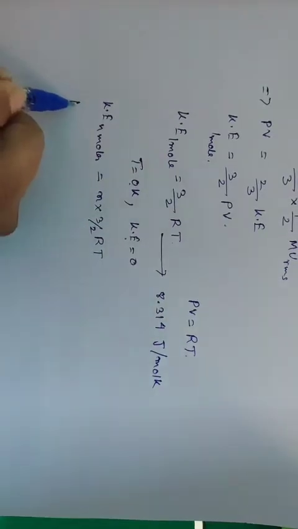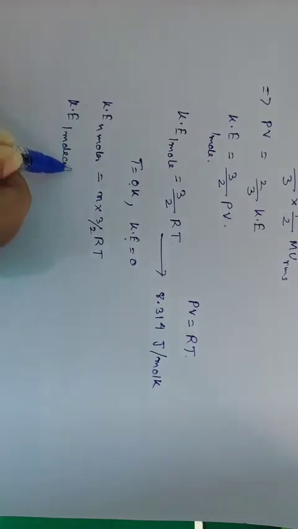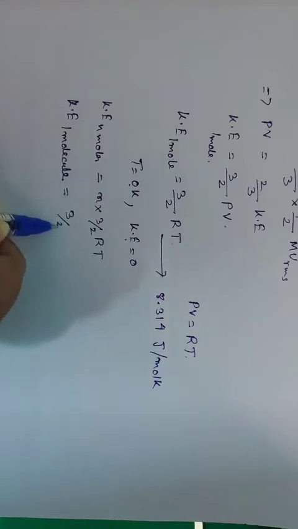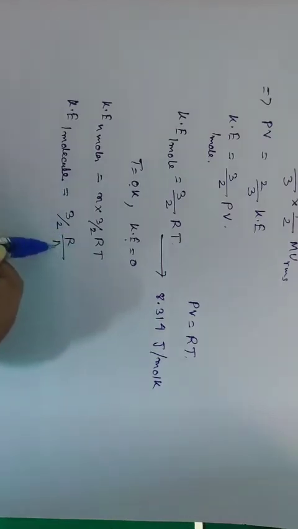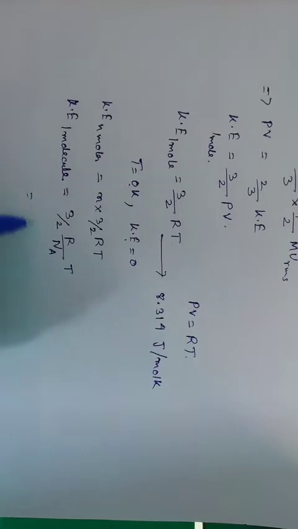So if I want to find out kinetic energy for one molecule, we can write 3 by 2 R divided by Avogadro's number into T. This term will be equal to what?